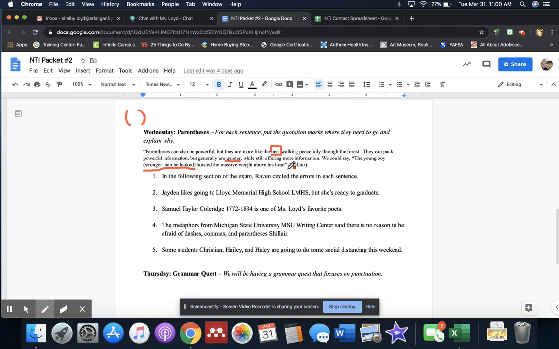Now, we also use parentheses to do this. You might have seen it before. We haven't really talked about citations as much, but when you start writing your super duper fancy essays and you use information from other people, you put their last name in the parentheses.